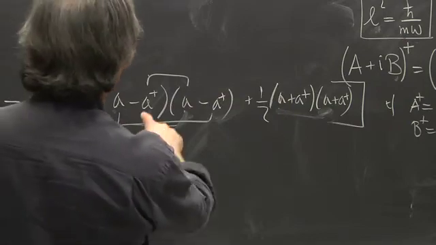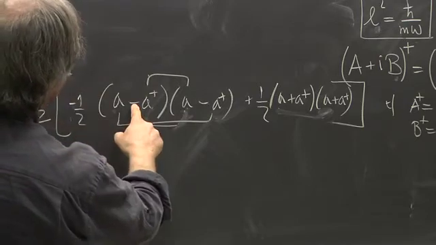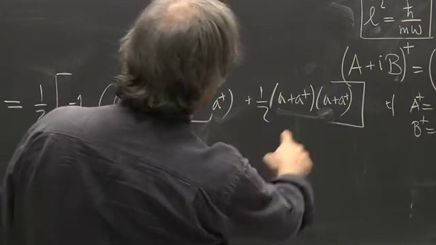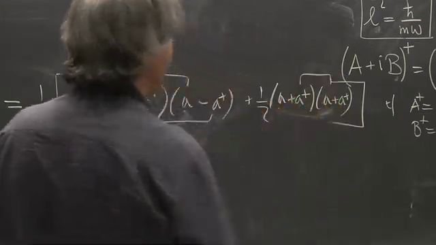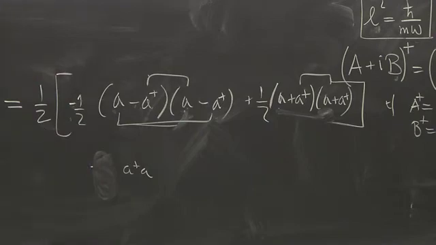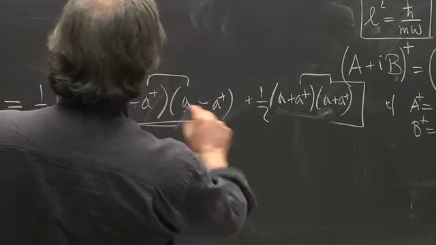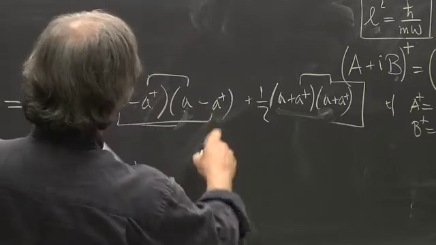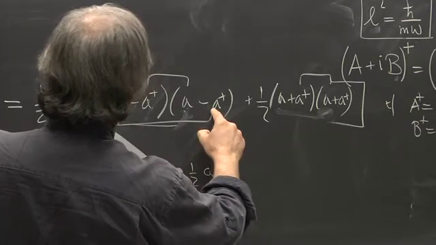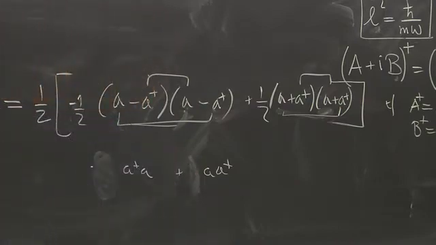For instance, let's look at a dagger a. You see here I have a plus 1/2 a dagger a from here, and here I have again plus 1/2 a dagger a. So total a dagger a. All right. Similarly, for the other term, that is a a dagger, I have here plus 1/2 a a dagger, and here I have another plus 1/2 a a dagger.